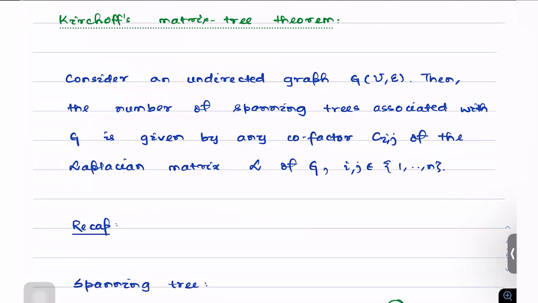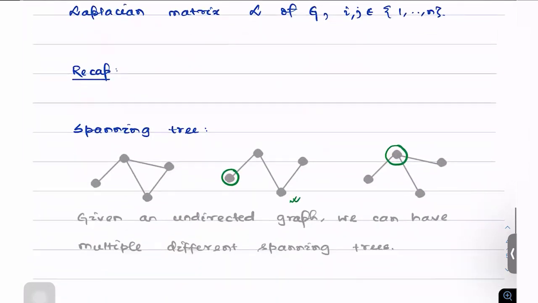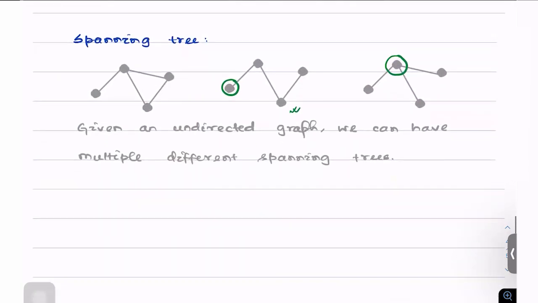But again, the answer is in terms of a cofactor. What exactly is a cofactor? Again, we'll do a quick recap of it. Before getting into a cofactor, let's quickly define what a minor is. These are very basic things which we have read before, but just so that we are all on the same page, I'm doing a quick recap of it.